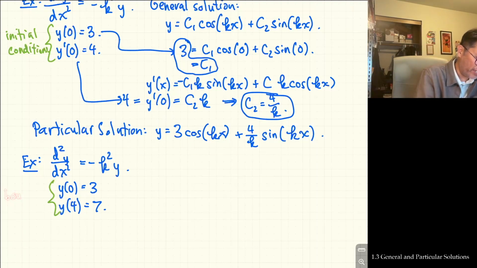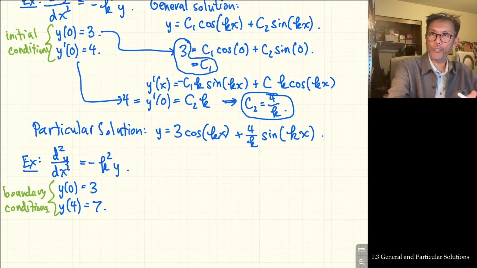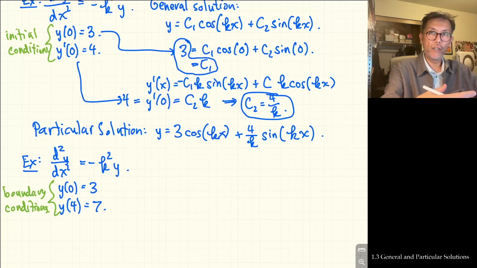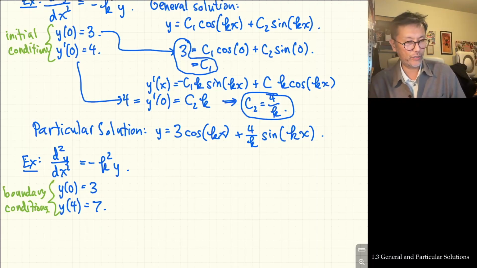Oh, I should write it in ink is not the right word for whatever this is. And you can use, I hope, the logic that we used in the previous problem to figure out the constants C1 and C2 from these boundary conditions. I hope that makes sense. Okay? All right.